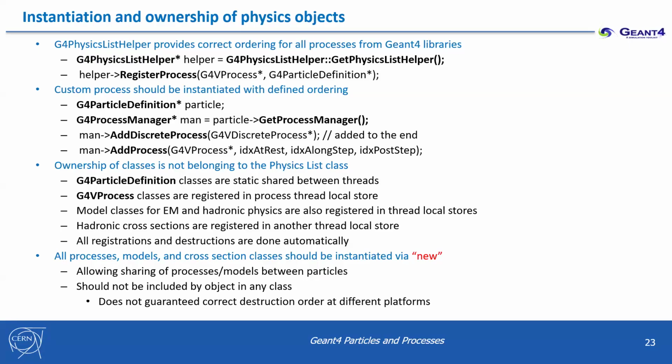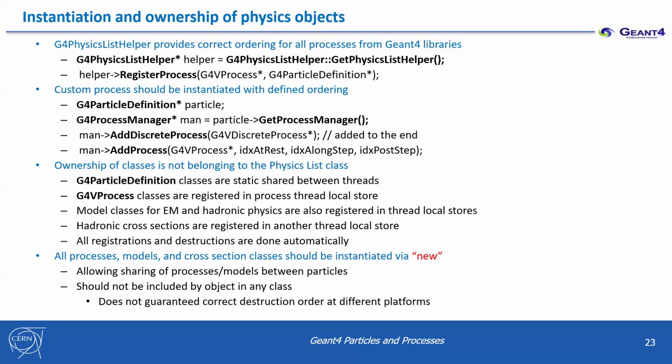When you learn C++, there are general recommendations and rules on how to instantiate physics object classes, and ownership of classes and physics objects is an important component of all this story.